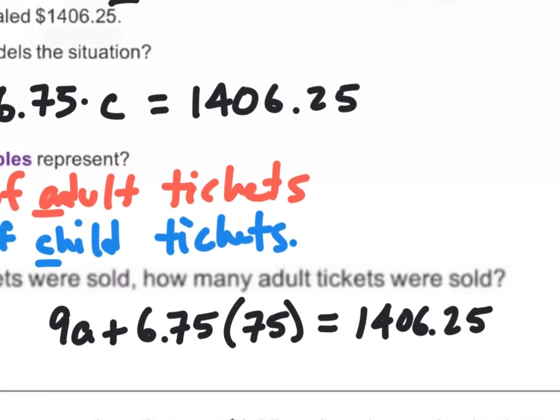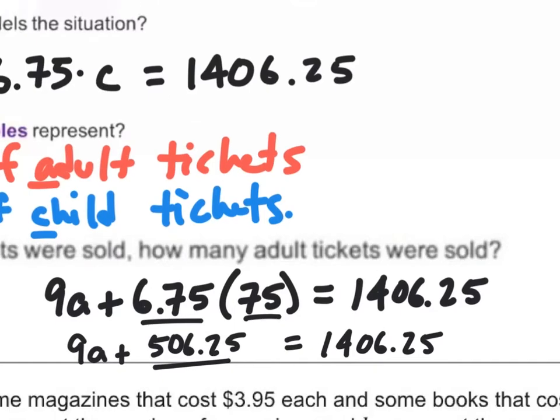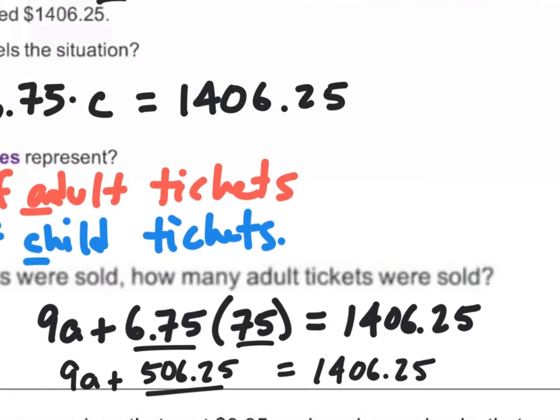So then, if I've got 9A, okay, let's do some math here. Someone tell me what 6.75 times 75 is. And you're going to get, so I'm going to drop this down, I'm going to get 9A plus 506.25, and that's equal to $1,406.25. Okay, so when I multiply these two numbers, I get this. All right, so now I'm going to subtract that from both sides. I'm running out of room here.